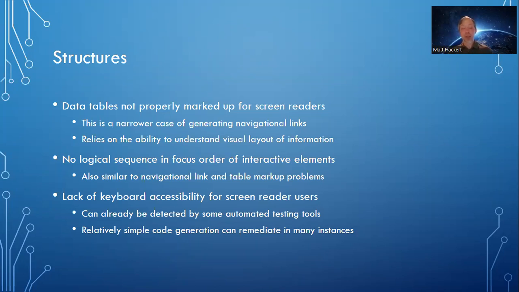Lack of keyboard accessibility for screen reader users. Again, this one is fairly self-explanatory. Some disabilities make it difficult or impossible to use pointing devices like a mouse to navigate the website. They instead need only a keyboard to move across the website using keyboard commands like the tab key and shortcuts to move to form controls.